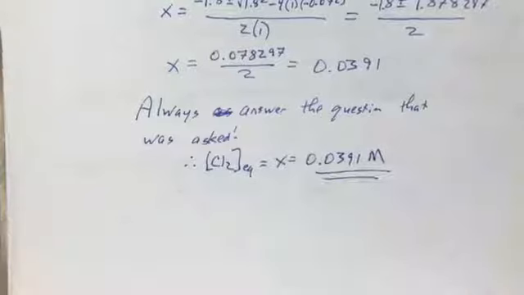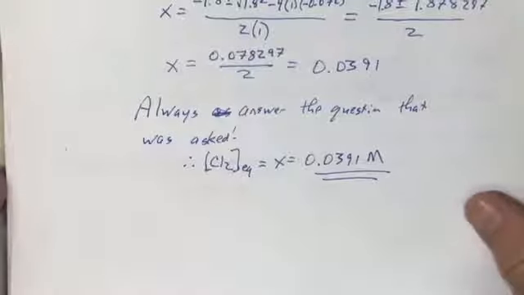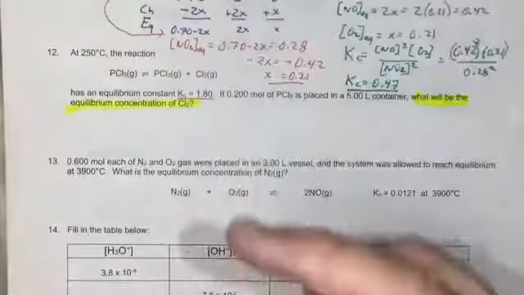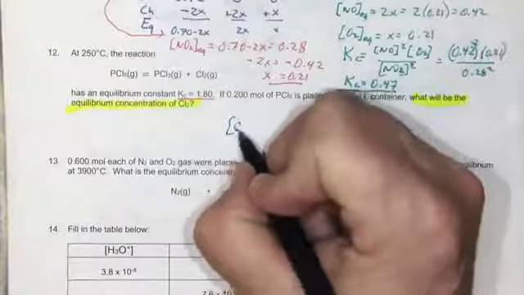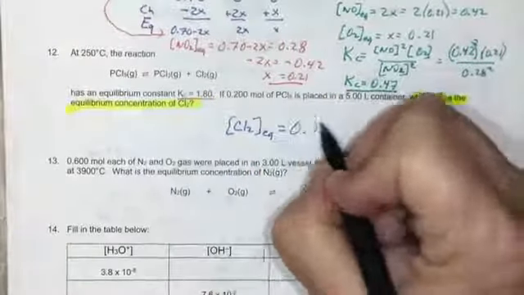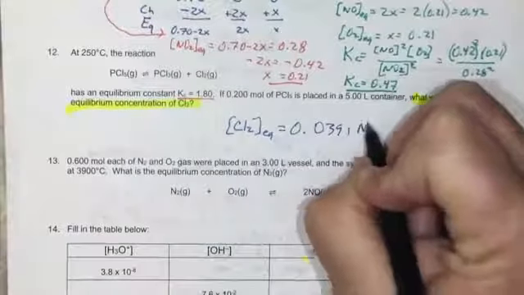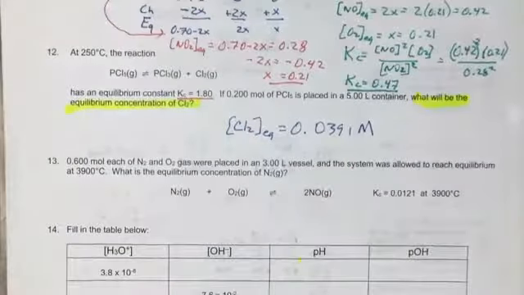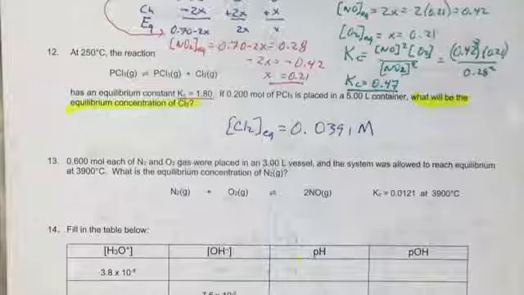And so that is the answer to this question. Always answer the question that was asked. Concentration of chlorine at equilibrium equals 0.0391 moles per liter.